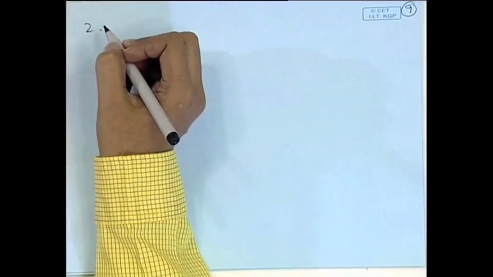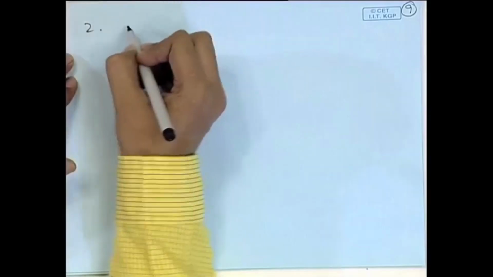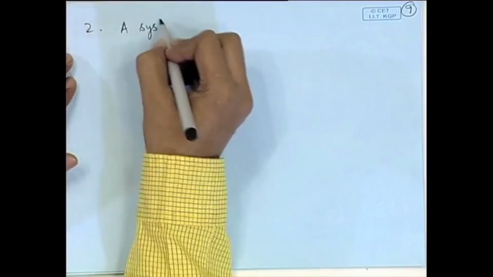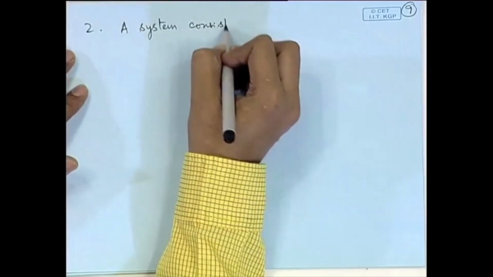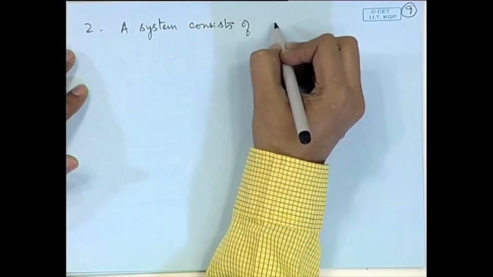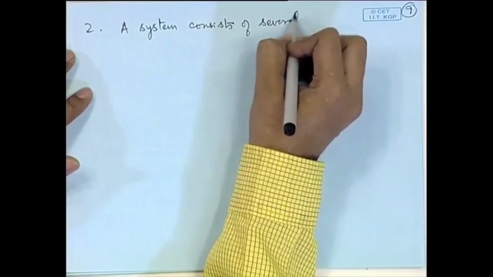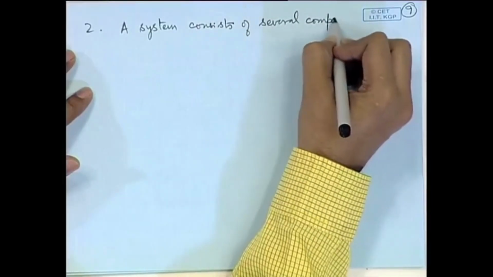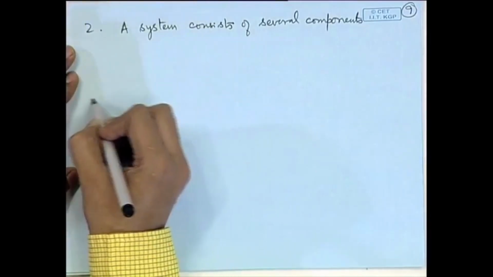Let us consider one more example here. A system consists of several components as shown below.